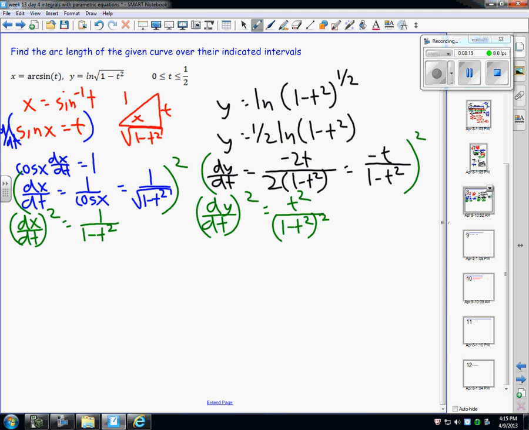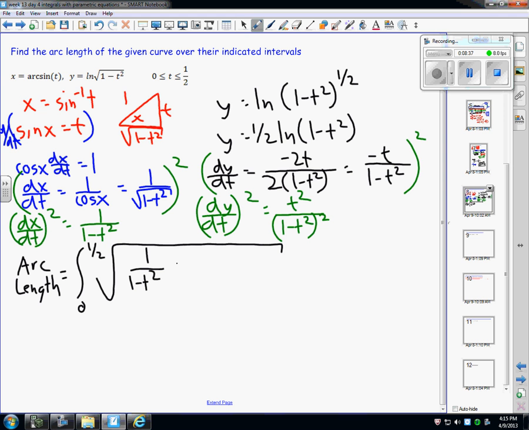Okay? So now I'm going to put it into the arc length formula. So here comes my arc length. It's going to be from 0 to 1/2, big square root, 1 over 1 minus t squared plus t squared over (1 minus t squared) squared dt. So here comes some algebra skills. I want to get common denominators, so I'm multiplying by 1.